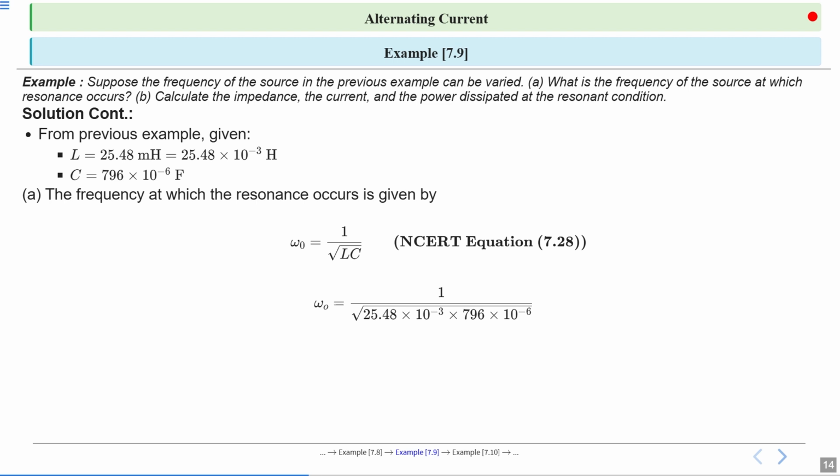After putting the values, omega naught is equal to 1 by root of 25.48 into 10 to the power minus 3 into 796 into 10 to the power minus 6. So omega naught is equal to 10 to the power 5 upon root 2028.2.